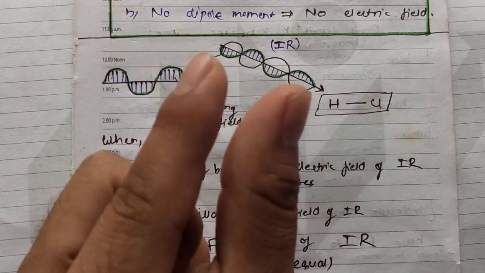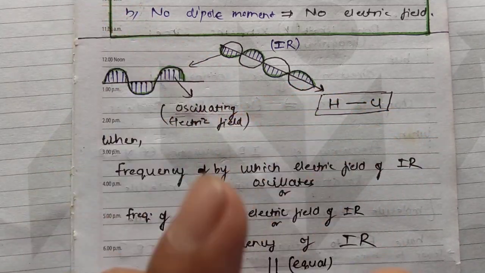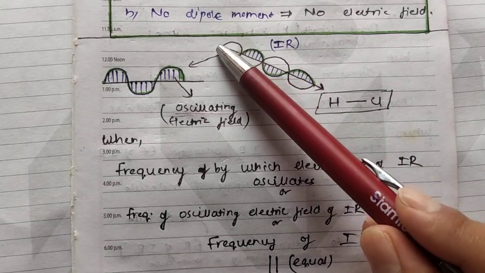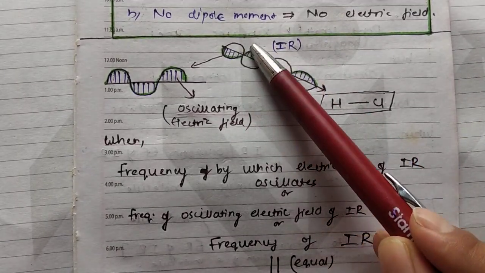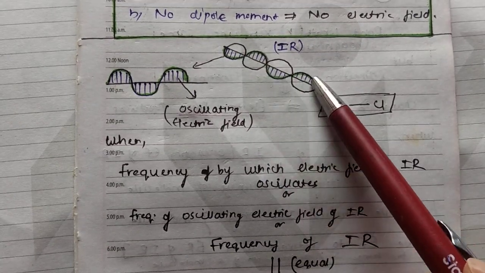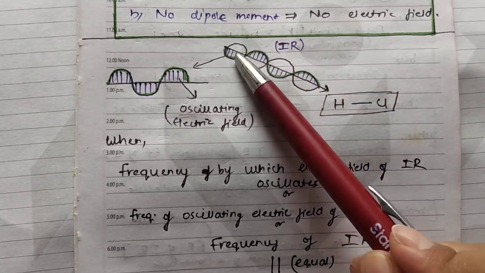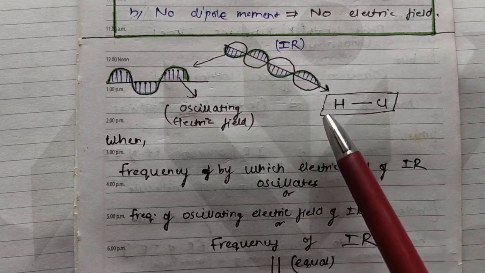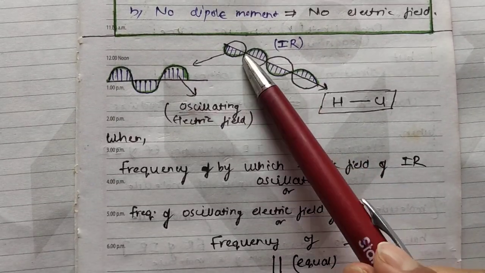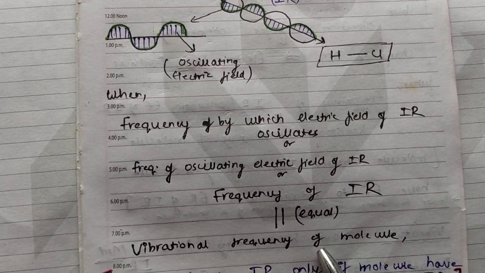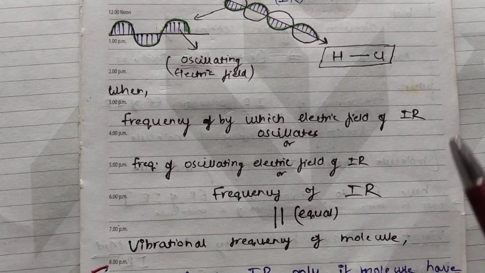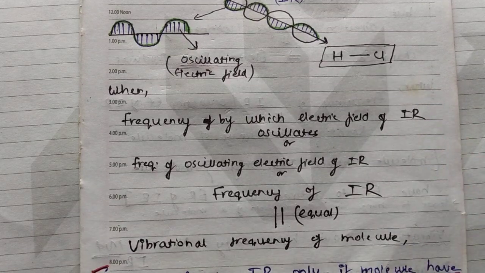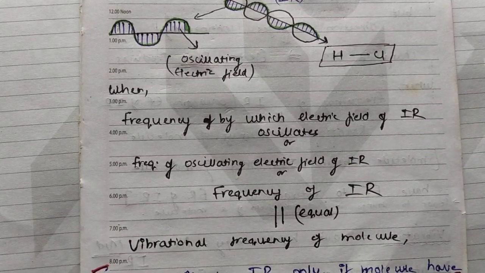When the frequency of vibration of the molecule like HCl is equal to the frequency of IR, or to the frequency of the oscillating electric field of IR, when this frequency and this frequency match, then there is a chance for a molecule to absorb IR. There is a chance, so they can absorb, or they may not absorb.